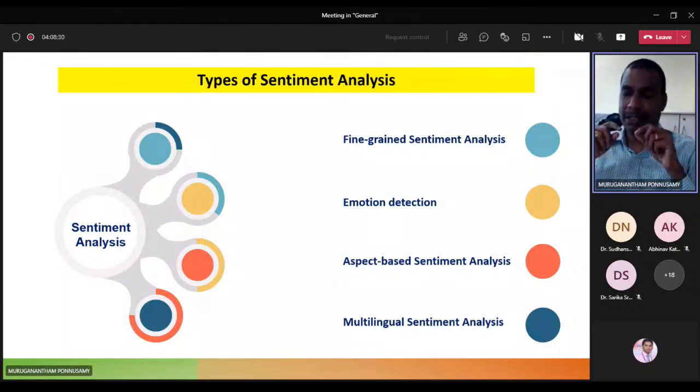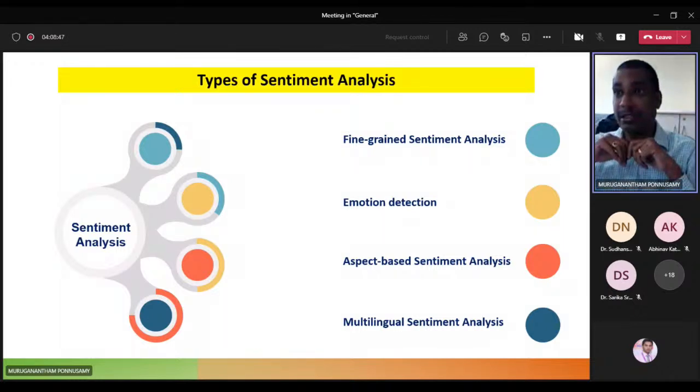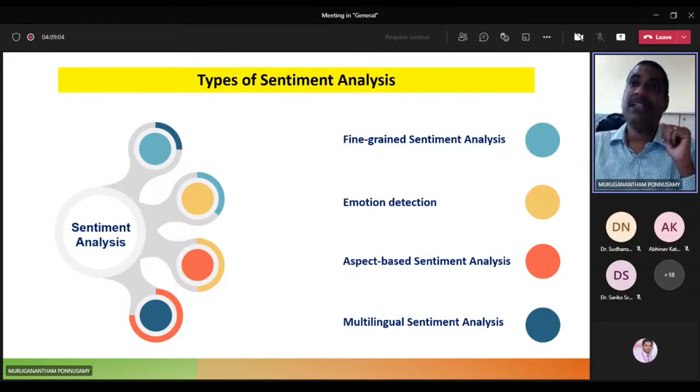We will take this much size, this color, this much thickness, this much battery time, and it should have the camera on the top of the screen, because some of the laptops have the camera on the bottom of the screen. I want to have a shutter in the camera. So several aspects are there. So in that aspect also we can do the analysis, or even multilingual sentiment analysis.